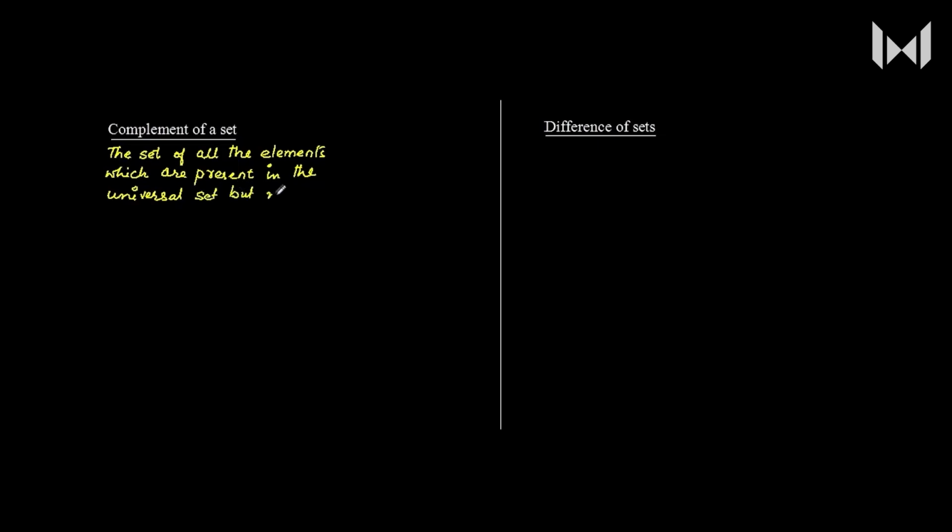Now complement of a set we say is the set of all the elements which are present in the universal set but not in the given set, is called the complement of the set.